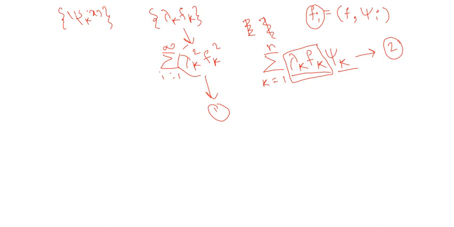On the other hand, if series 1 is convergent, then series 2 will become convergent. And Riesz-Fischer theorem says that there exists a unique function to which this series 2 will converge.